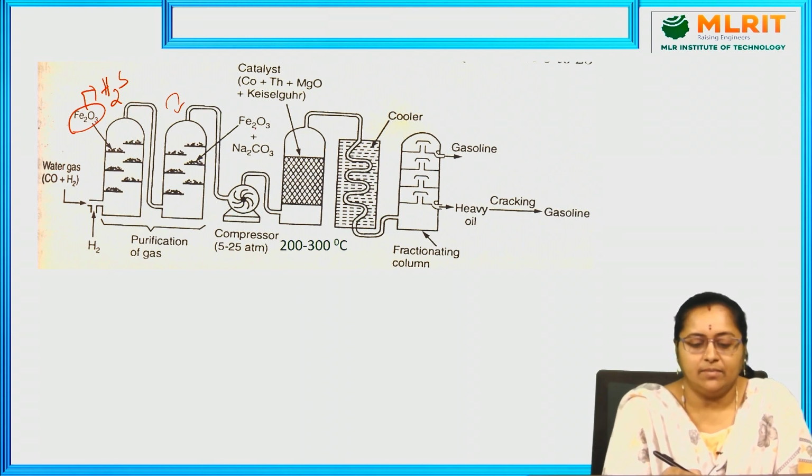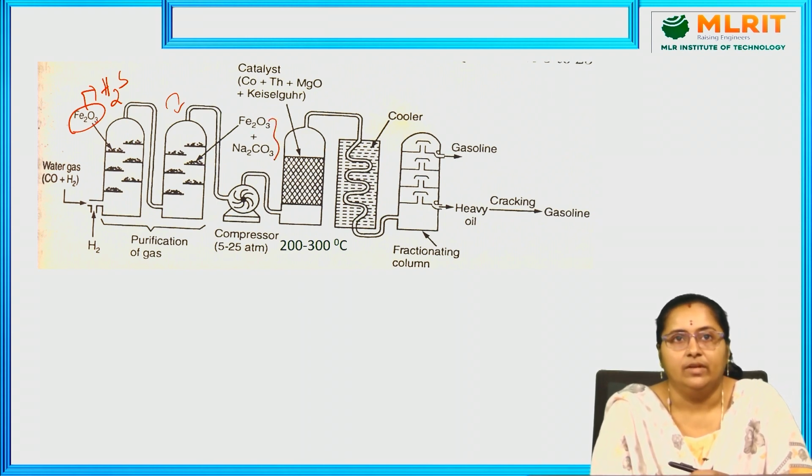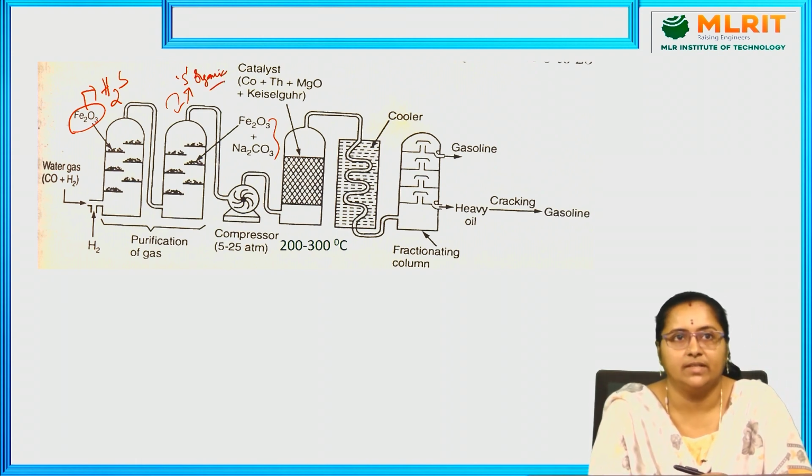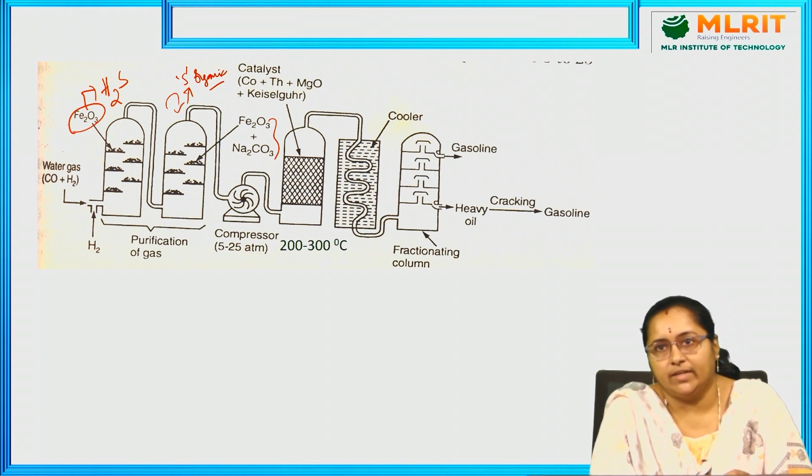In the second chamber, we have a mixture of Fe2O3 and Na2CO3. This mixture is able to remove sulfur in any organic form, if present in the raw material that you have taken, that is water gas.